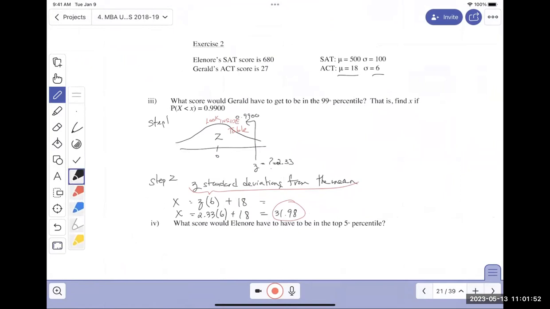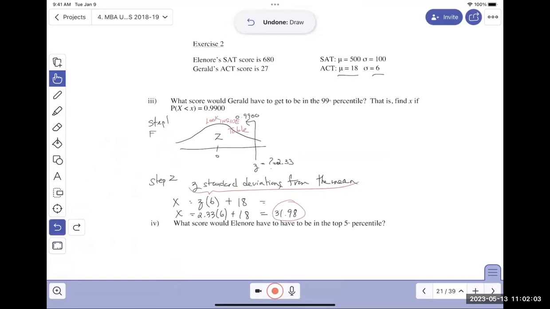So just to recap the steps, we're going to do things backwards. Given a percentage, find the z-score, and then transform, or what I call unstandardize.